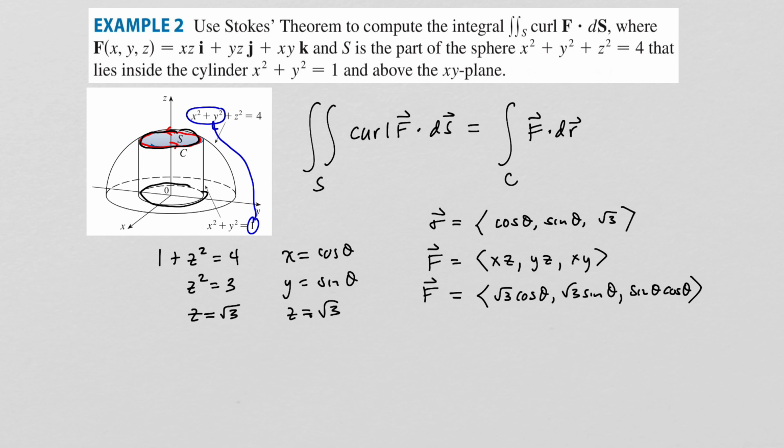Okay, so here's f. Now let's compute dr. dr is simply the derivative of all of these with respect to theta. So that's negative sine of theta, cosine of theta, and 0.